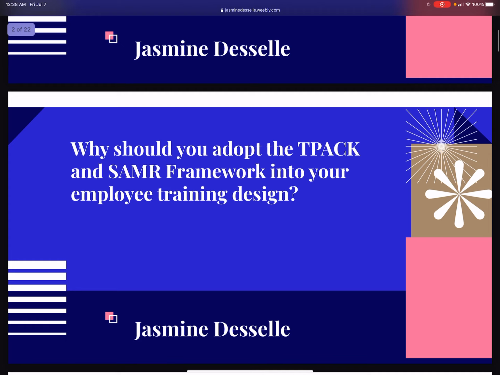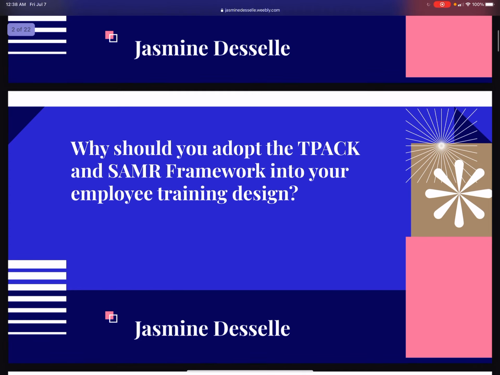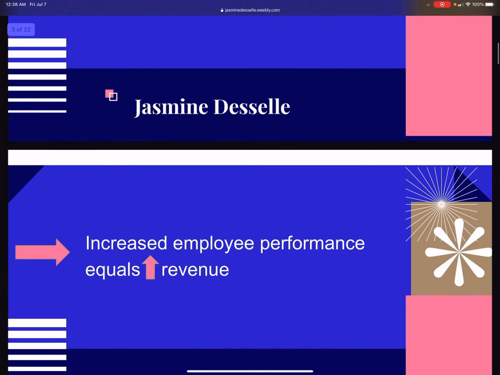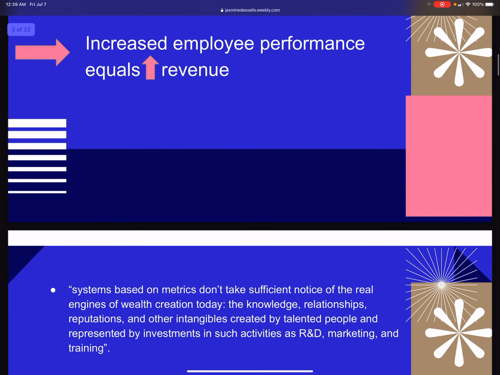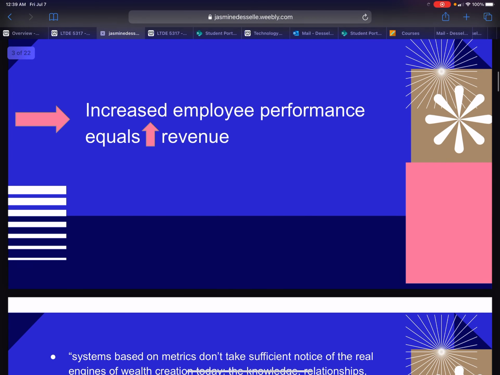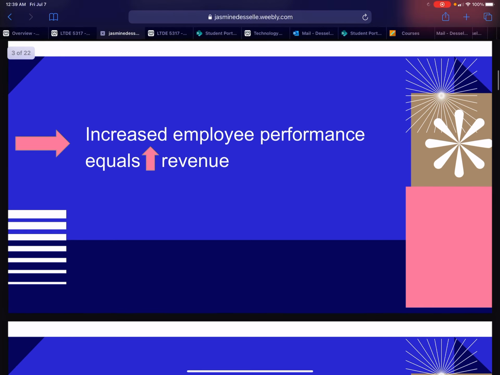So it says, why should you adopt a TPAC and SAMR framework? Basically, it's to increase employee performance, which in turn increases revenue. That was pretty much my selling point for whatever company I was supposed to be presenting this to.